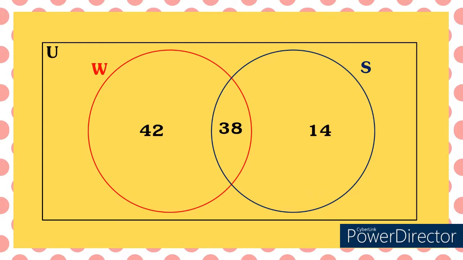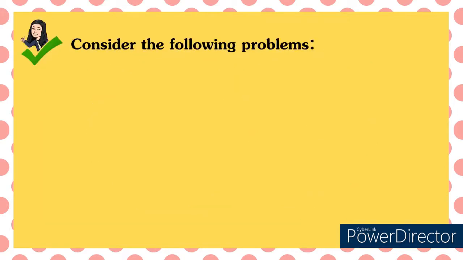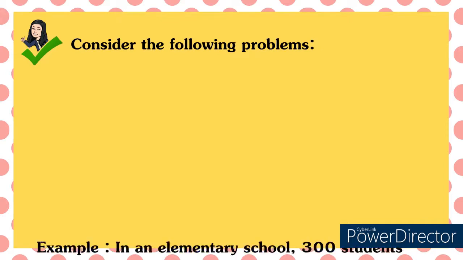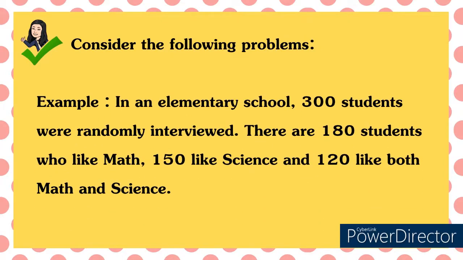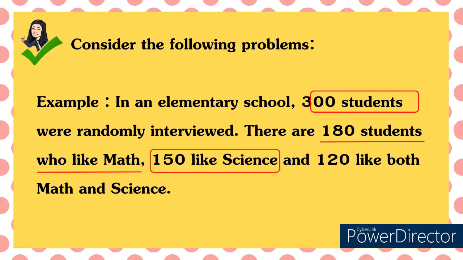Okay? So, next, consider the following problems. In the elementary school, 300 students were randomly interviewed. There are, okay, there are 180 like math, 150 like science, 120 like math and science. Okay?